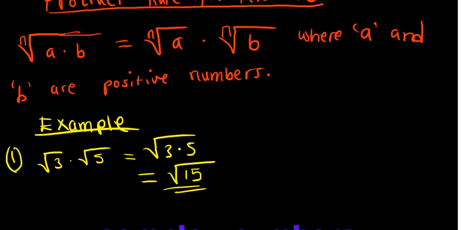Then the other one, let's say this is example 2. Then you are given the square root of -6, then you multiply it by the square root of -15.